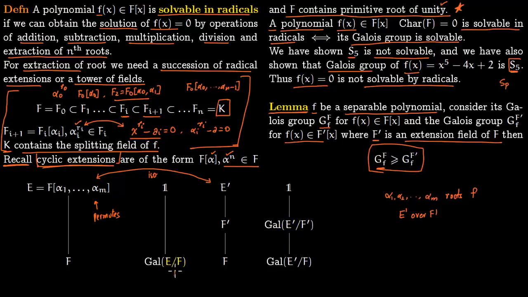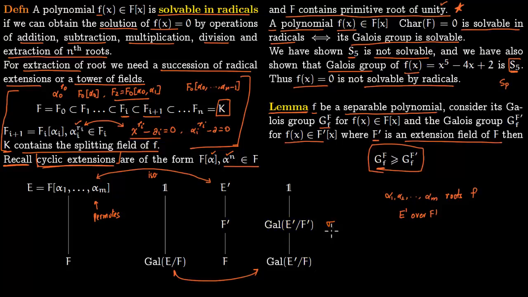Now again these two are the same, or isomorphic. Then what does this Galois group of E prime over F prime do? This is basically again the group of automorphisms of E prime which keep F prime fixed, but E prime is of this form up to isomorphism and F prime lies over F. So if you take any permutation here, this will also permute the roots, but it might permute a lesser number of roots, precisely because F prime might contain some of these roots, since F prime lies over F. So therefore the sigma acts in a restricted manner here.